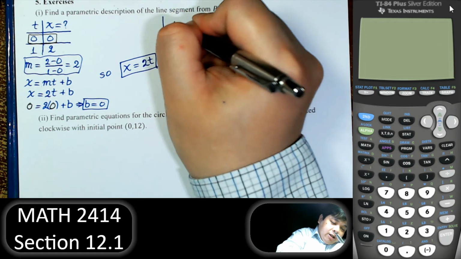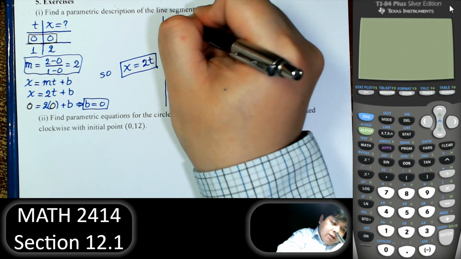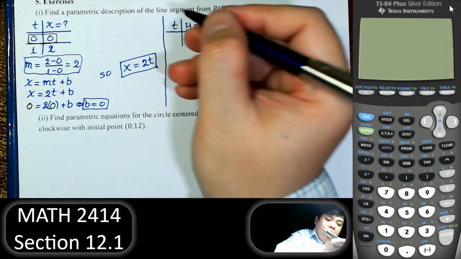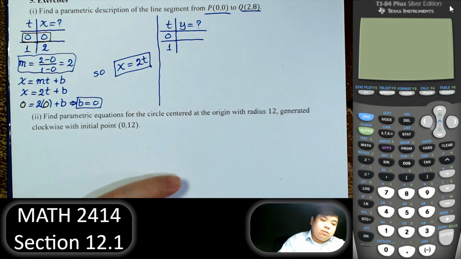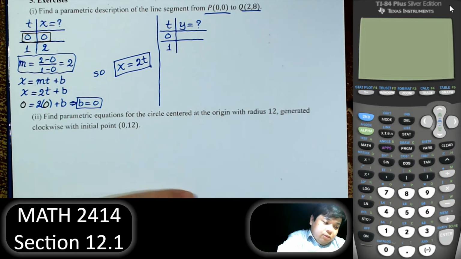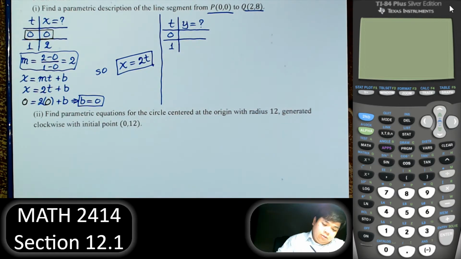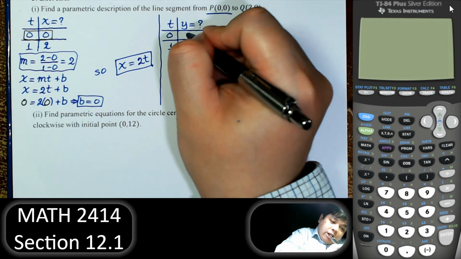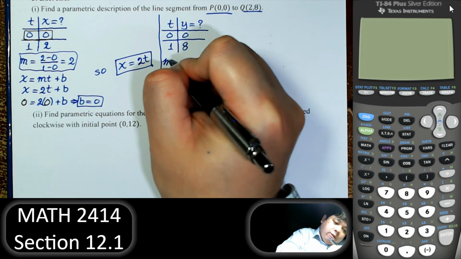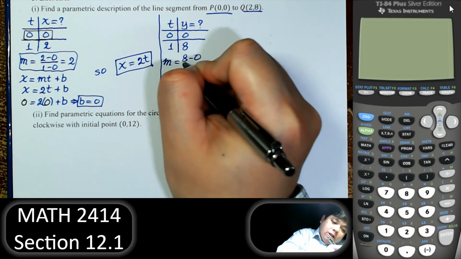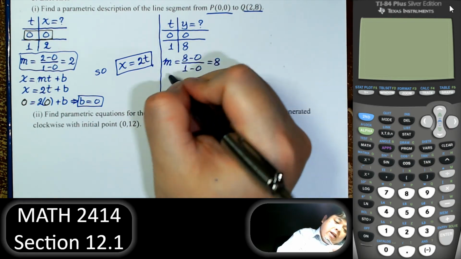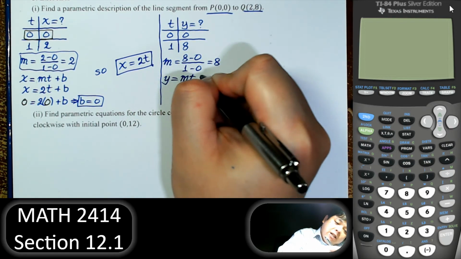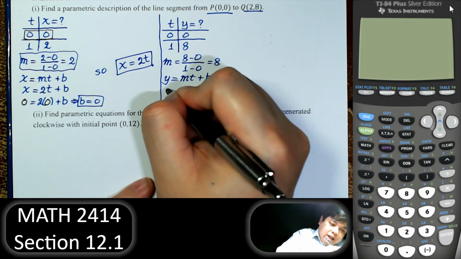Now we do the same thing for y. Let's say t goes from 0 to 1, and then y goes from 0 to 8. First the slope, the change in y over the change in t. So it's just 8. And then y equals mt plus b. m is 8.